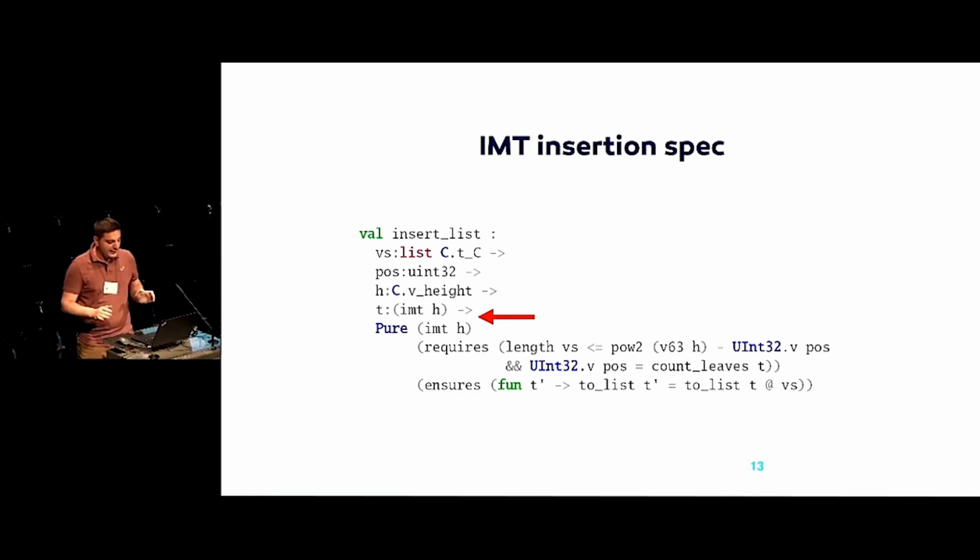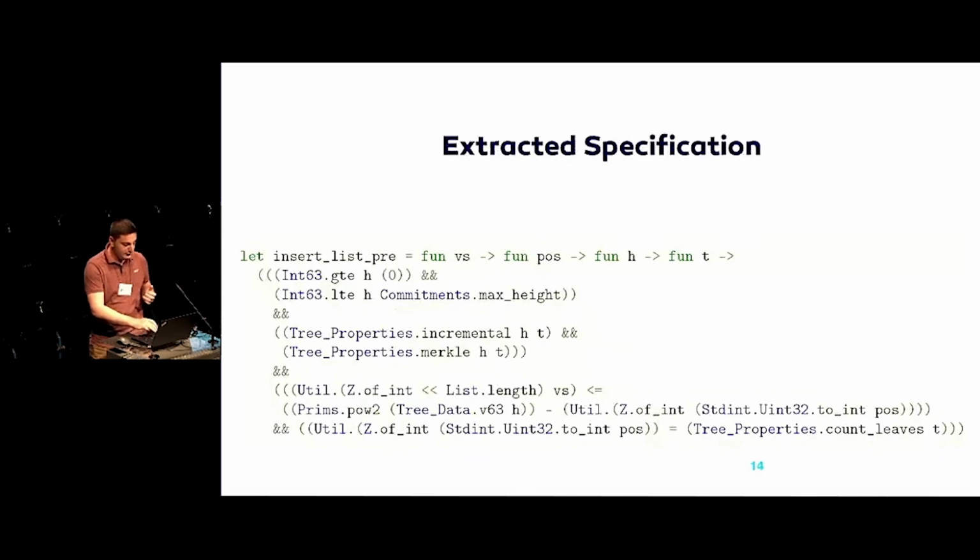So even here, even before writing the implementation of this function, we are already able to use our tool and extract the pre and post conditions as OCaml functions. Here we have the precondition for it, where we do some bound checks, and then we check the IMT invariant over the starting tree and some other argument coherence checks.